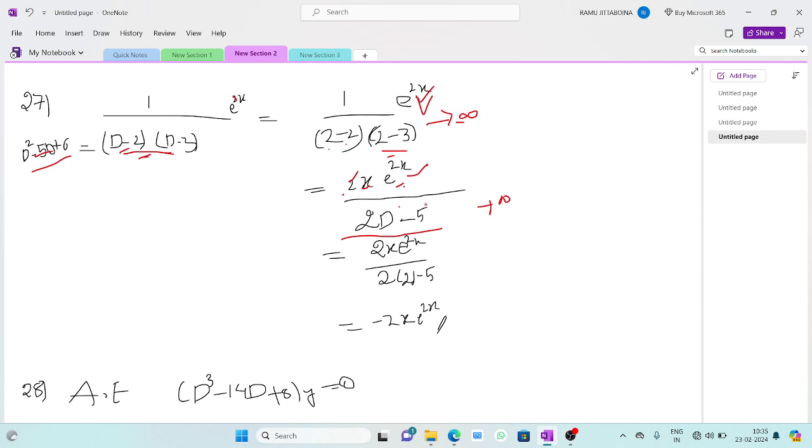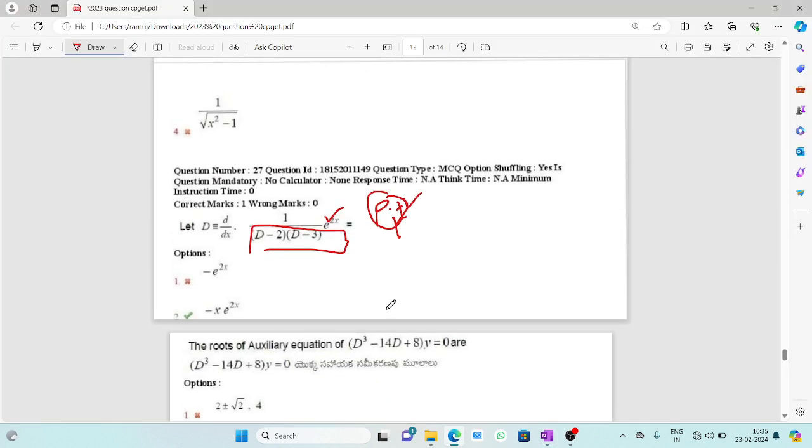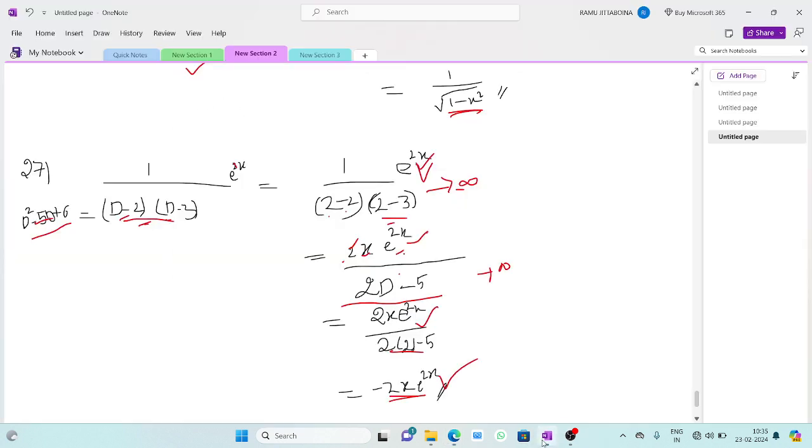So if I apply 2 as a here, I will get 2 into 2 minus 5, and x e power 2x. Here 4 minus 5 means minus x e power 2x. Yeah, I think there is a mistake here.